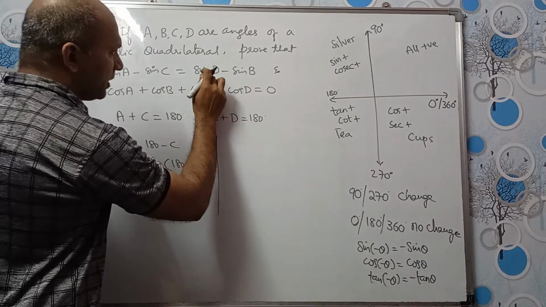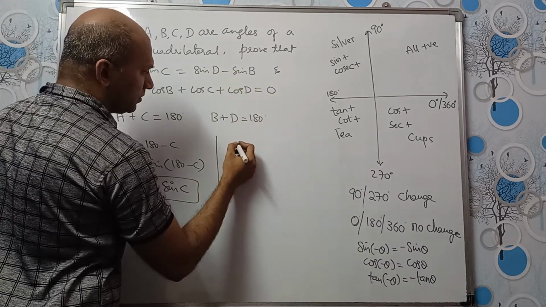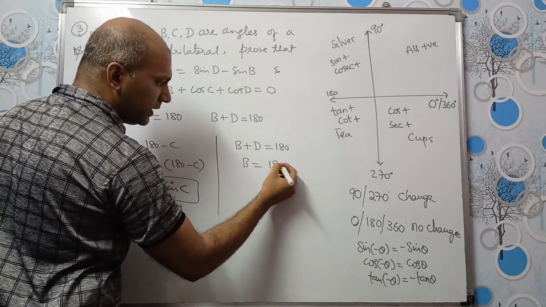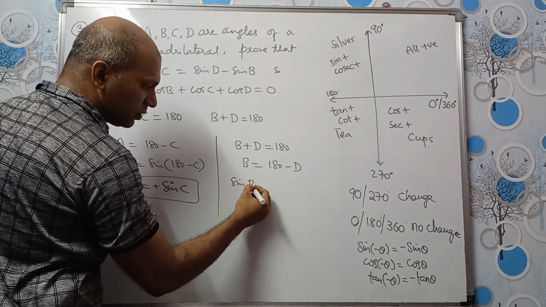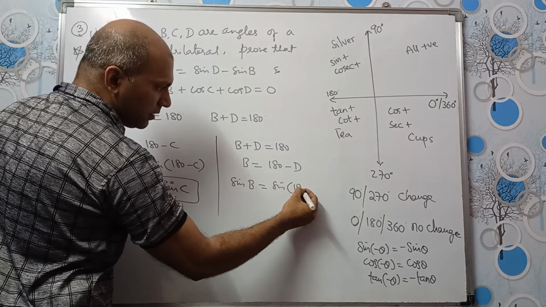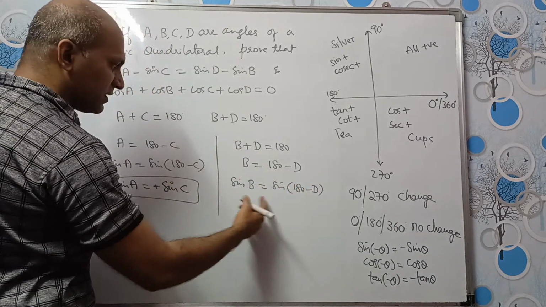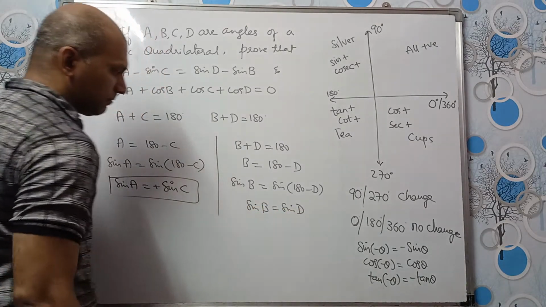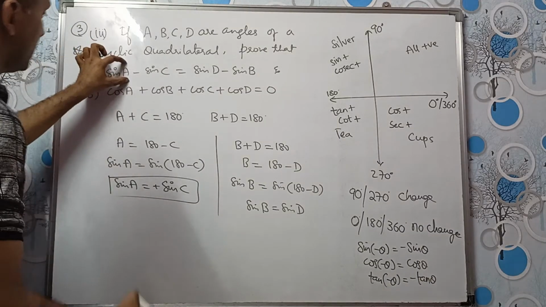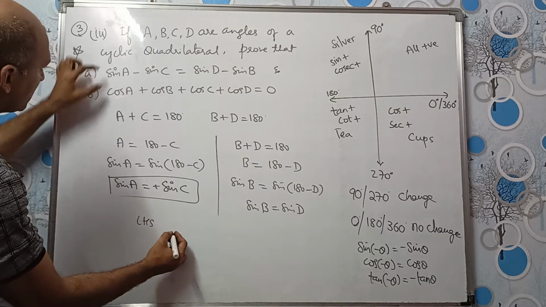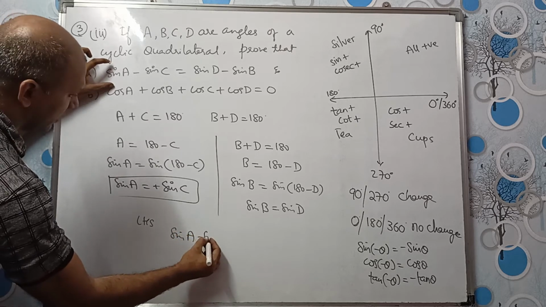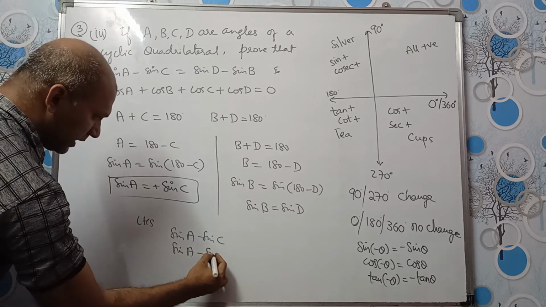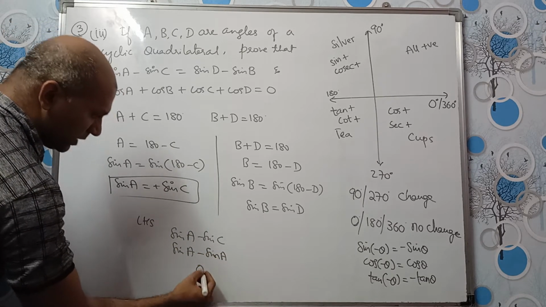Let us find out. Now see sin D and sin B. B plus D is 180, right? Can we write B as 180 minus D and apply sin on both sides? Yes. In the same way, we'll have sin B equal to sin D. Let us substitute it here. What is LHS? LHS is sin A minus sin C, which is sin A minus sin A. This will be equal to 0.